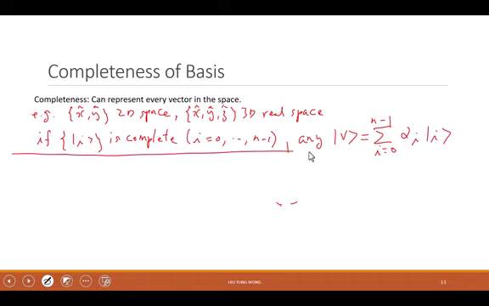There's nothing special here. But from here, we're going to derive a very important property of completeness, which will be very useful in the later derivation. What if I apply the basis vector to any vector V? What does this mean?